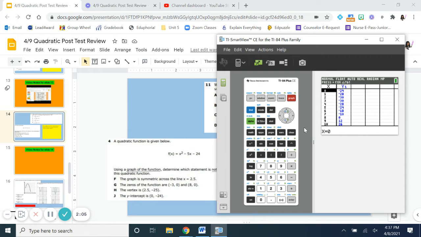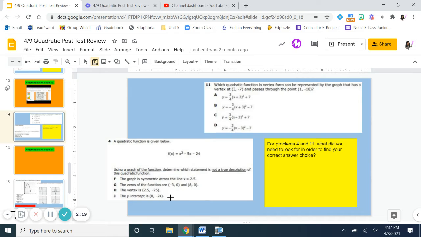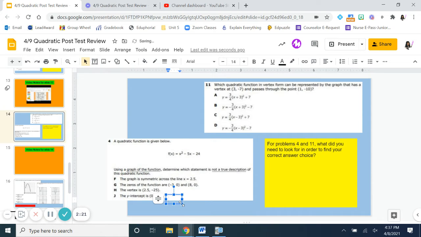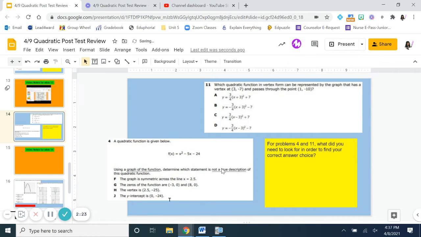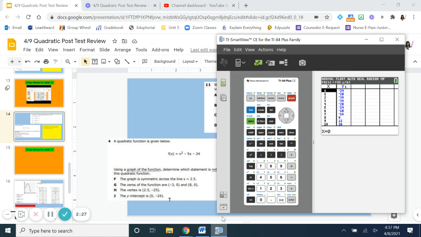Okay. And if I notice here, J says the y-intercept is (0, negative 24). Well, as soon as I hit second graph, when x is 0, y is negative 24. That is the y-intercept. So that is actually a true statement. So I'm going to put a T right here for true. I'm looking for the not true, so it cannot be J. Okay.